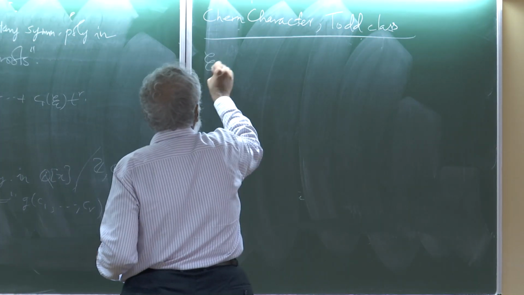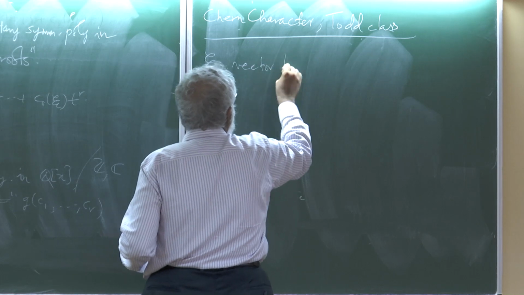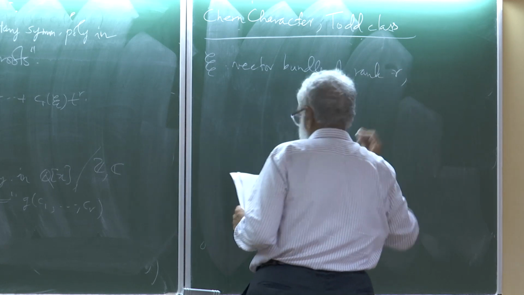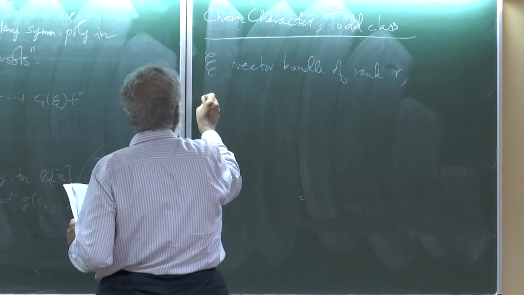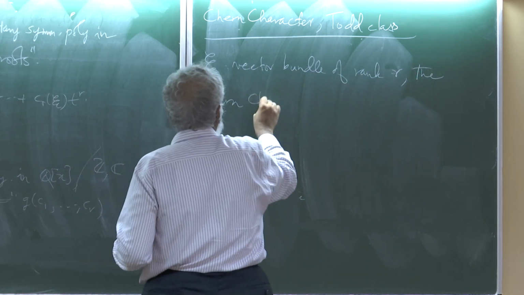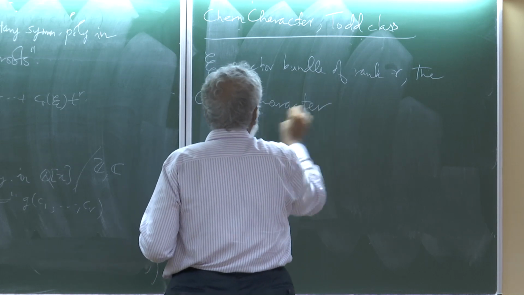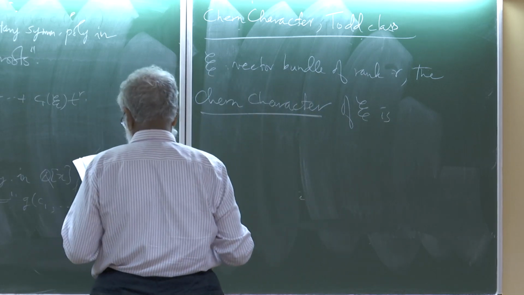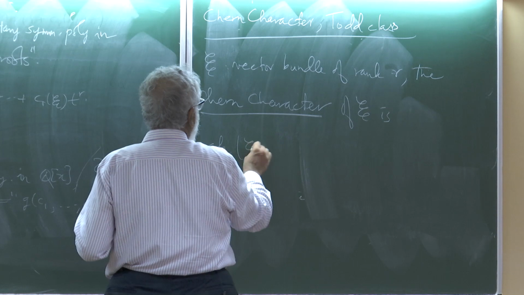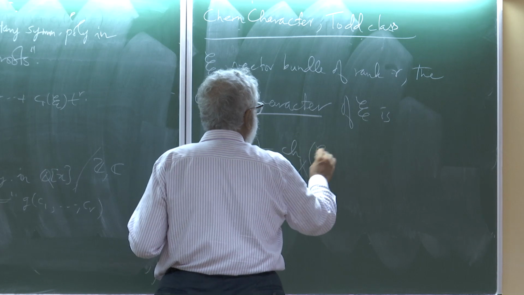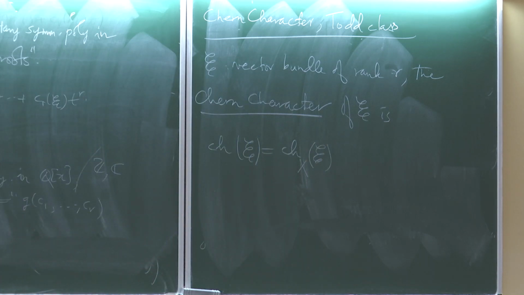So if E is a vector bundle of rank r, I'll define the Chern character. Sometimes I have to consider the Chern character on different spaces, so I might put the space X in the notation as well, if I want.